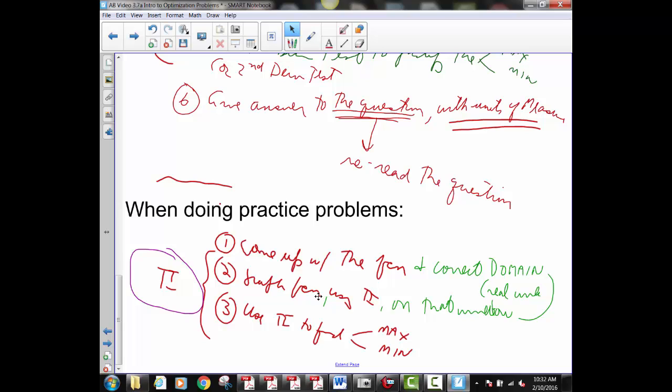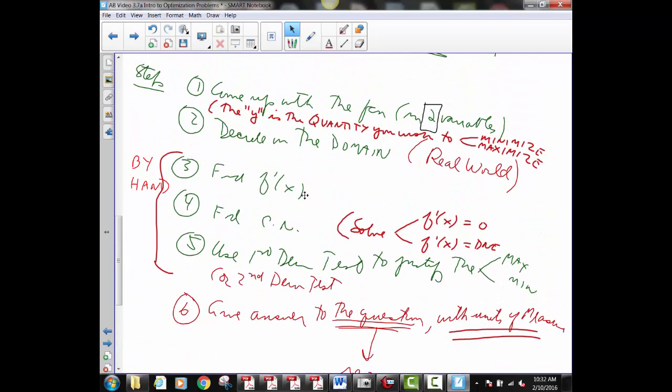You could just graph the function and use the TI in that window, which is established by your domain, and actually use the TI to find the max or min. At the very least, feel free to use your calculator to find the critical numbers: solve the equation, the derivative of whatever it is equals 0, and solve for x, so that you can at least find the critical numbers.